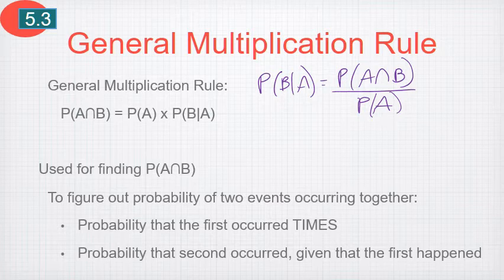Now this creates a lot of problems in story problems, because they give you a bunch of numbers and they'll be like, oh, I have 0.24, and that's the probability of B or A or something, and they don't necessarily tell you what it is.